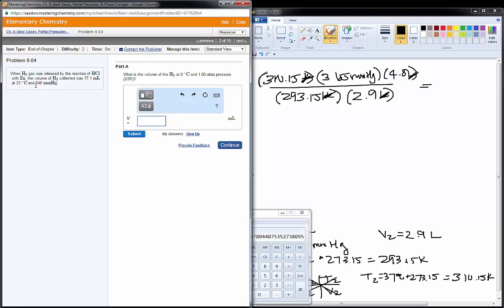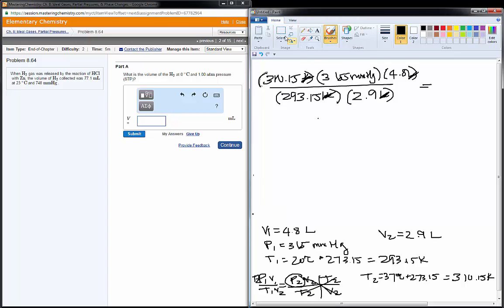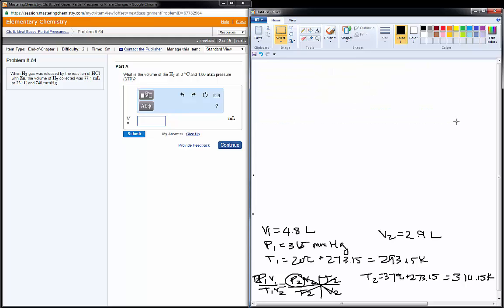Next, here we go. We're given some information about a volume of hydrogen gas that was collected, and then we change the conditions, and we want to know what the new volume is. So using the combined gas law, originally V1 that was collected was 77.1 milliliters.